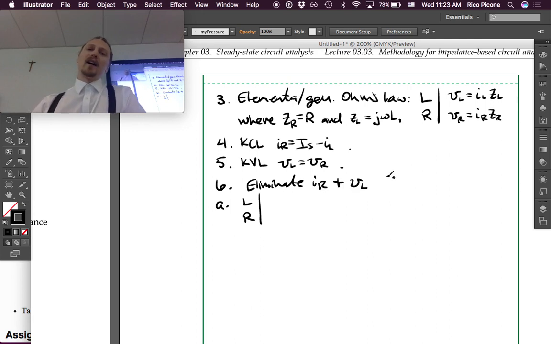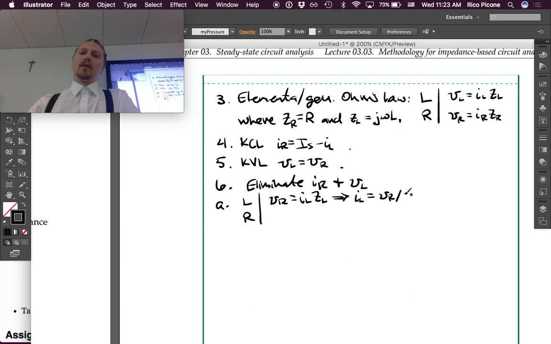So we're going to eliminate IR and VL, and we do that by just substituting KCL and KVL into these L and R equations. So the first one, VL is just going to be VR. So we could just say VR equals IL ZL. And we're solving for IL, so I'm going to rearrange that to be IL equals VR over ZL.